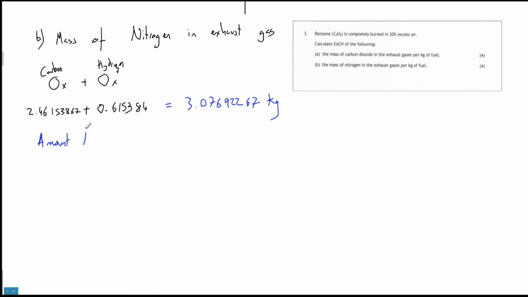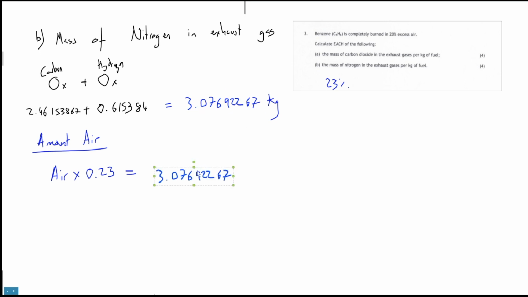Again, this is stoichiometric, just enough. We're going to add the 20% on later. So the amount of air times 0.23, because remember, the atmosphere is 23% oxygen, will be equal to that amount.